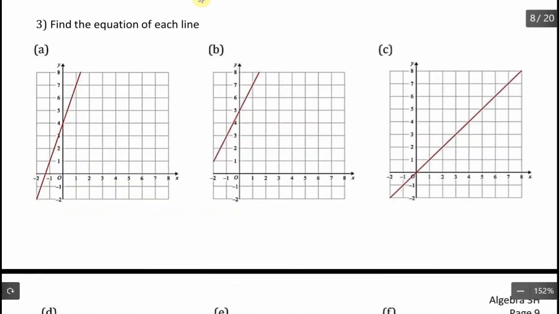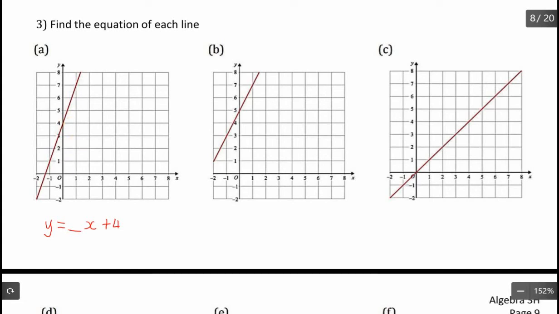So now we're finding the equation from an actual diagram, from a graph. So we need to find the gradient and we need to find the y-intercept. The y-intercept is by far the easier to see, so I'm just going to leave a gap for the gradient in a second, but we can see that the y-intercept for this first graph is +4, so I'm going to write +4. We need to figure out what this number in front of x is by working out the gradient.